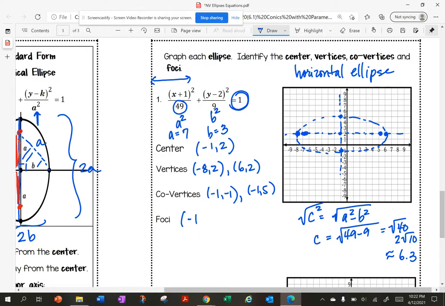So I'm at -1 plus or minus C. So plus or minus 2 times the square root of 10 and 2. Okay. We are done.